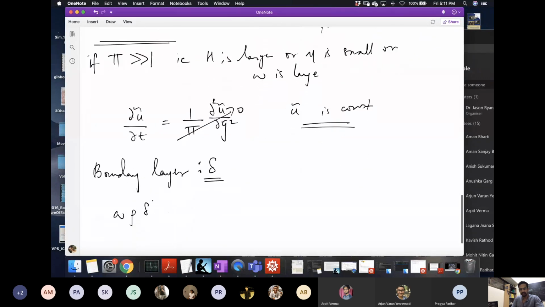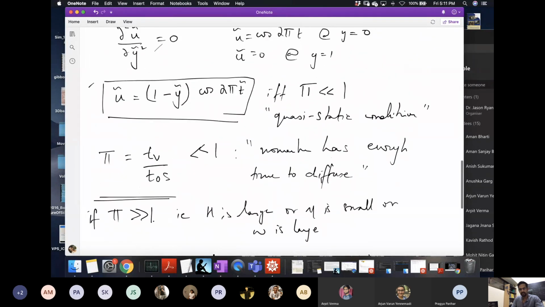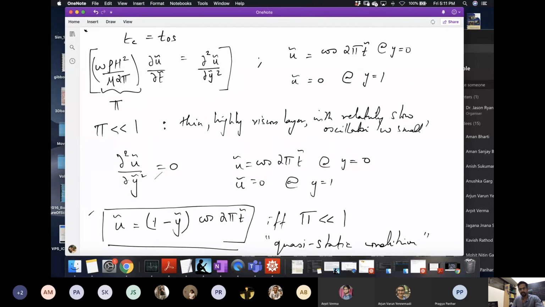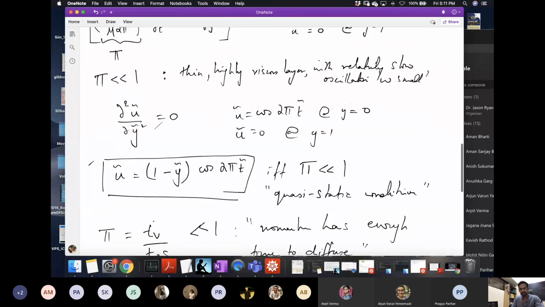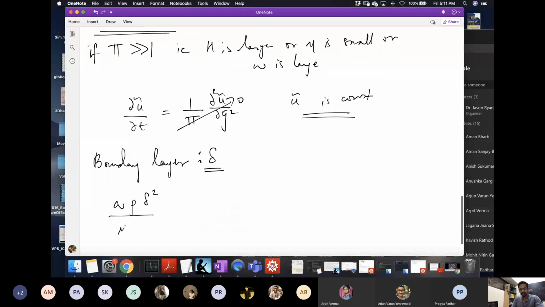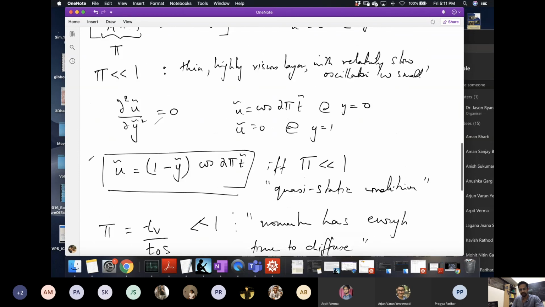Instead of H square, now I'll have delta square, because yc was H and now yc is delta. Everything else is the same, mu times 2 pi. This omega has come because T characteristic is T oscillation. And on the other side I have the viscous terms, the order 1 viscous terms.